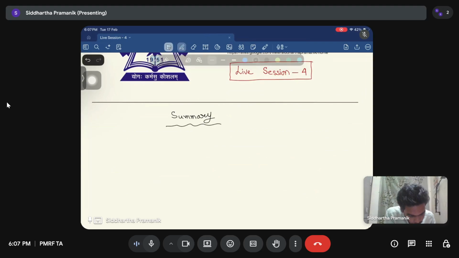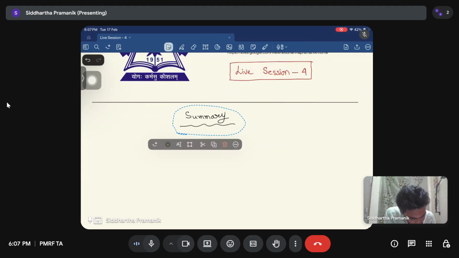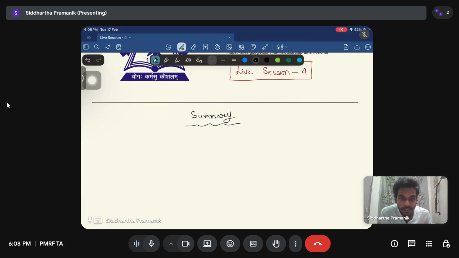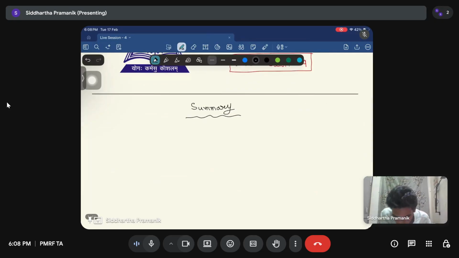In this week, we started with various characterizations of Galois extensions, or particularly finite Galois extensions. So let's write down those things.